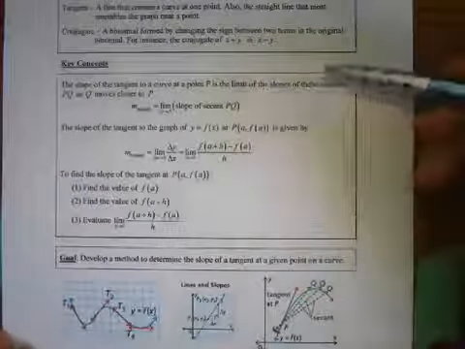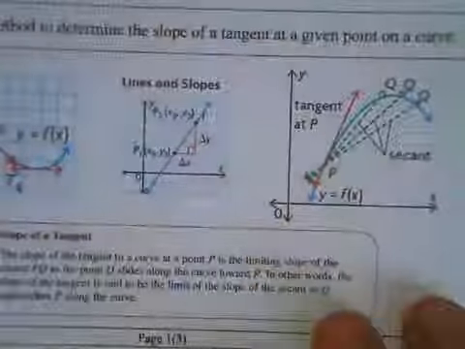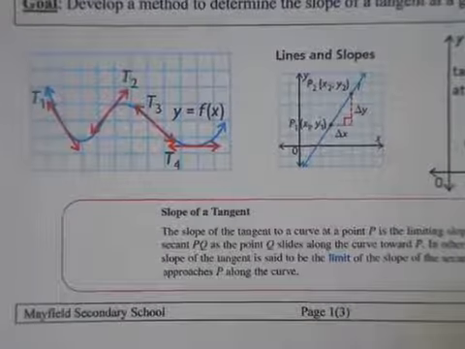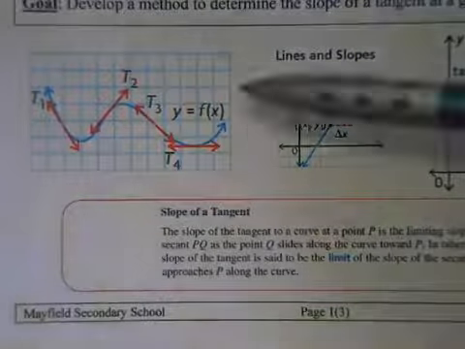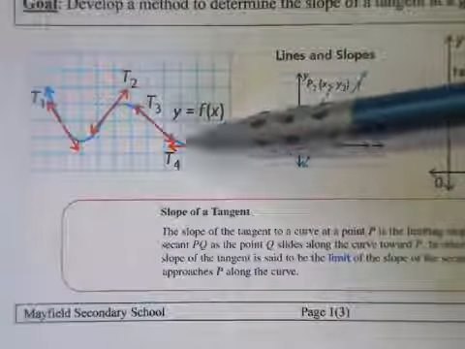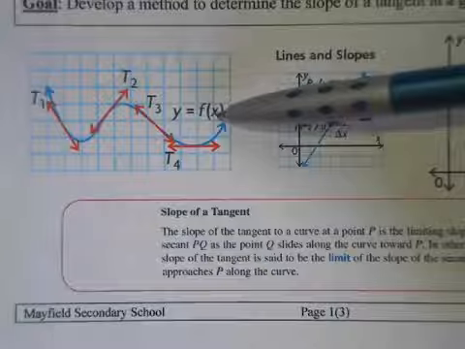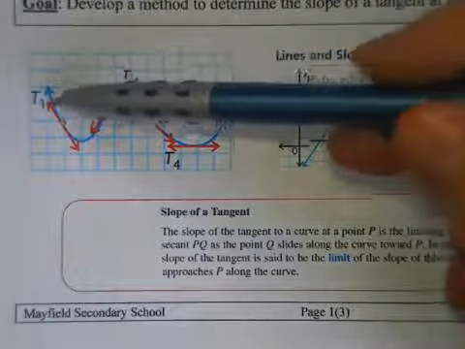Now I'm going to zoom in on these pictures down here. In the first graph, you can see the blue curve. That's our function f of x, and these are t1, t2, t3, t4.